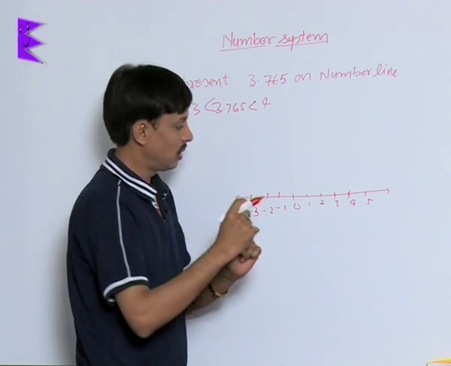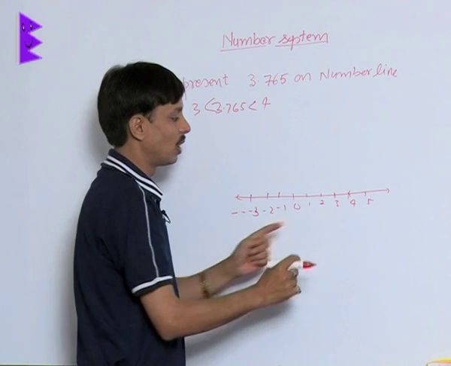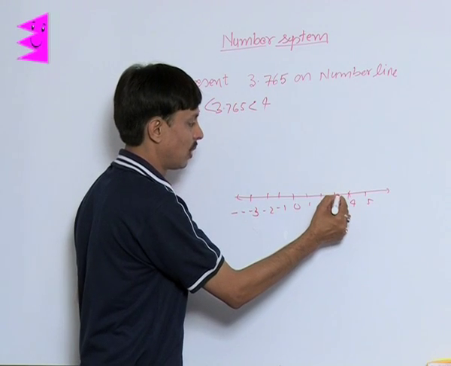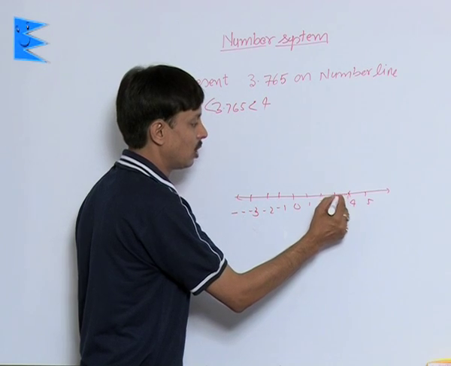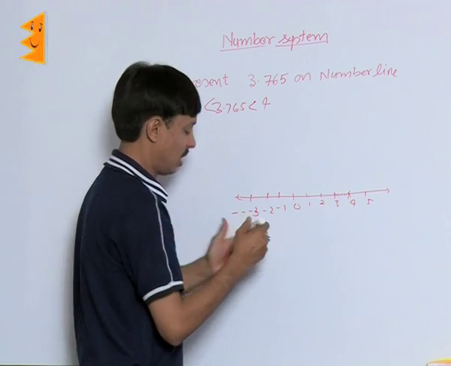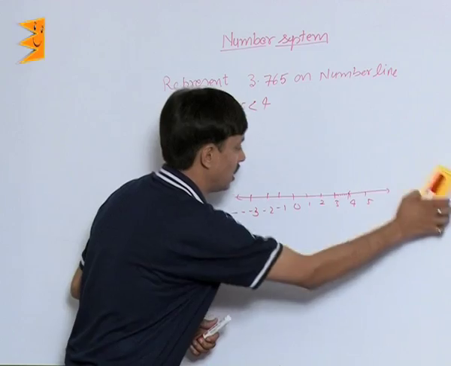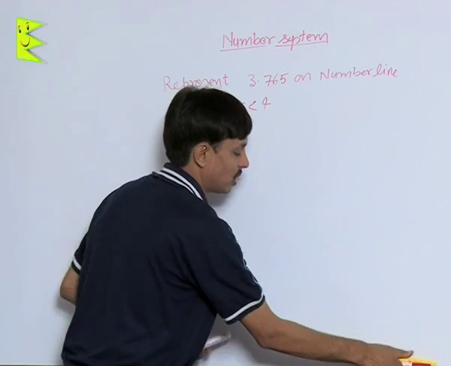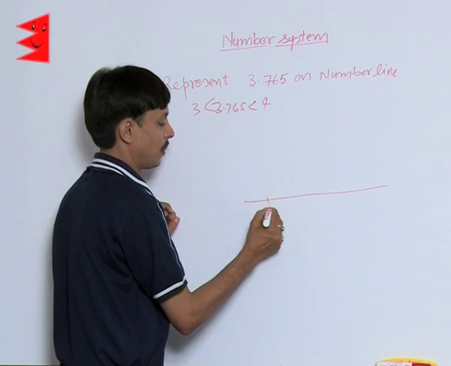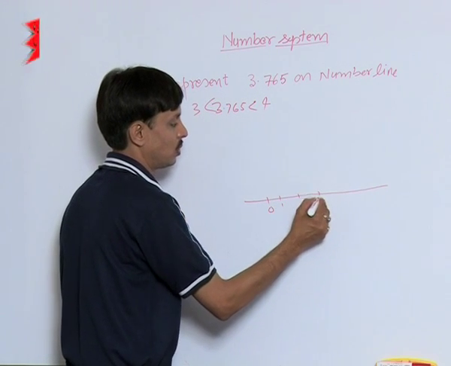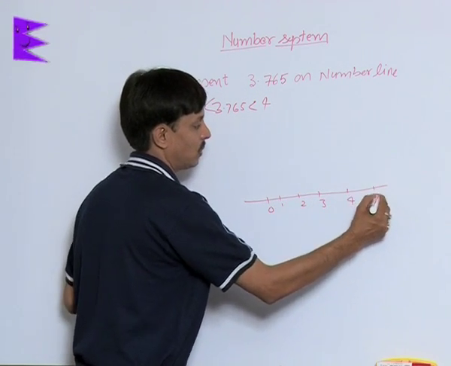If I make 10 equal parts, suppose this is 3.1, 3.2, 3.3, 3.4, 3.5, 3.6, 3.7. I am taking this part bigger here, so that it will be very clear to you how we can make it. It is 0, 1, 2, 3, 4, 5.